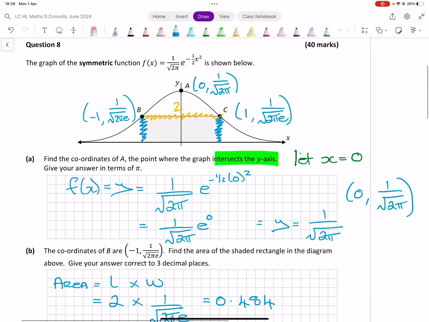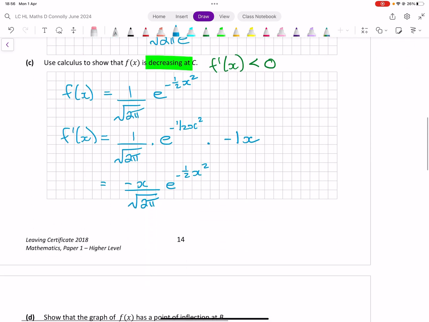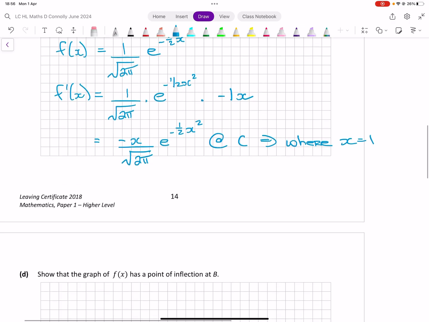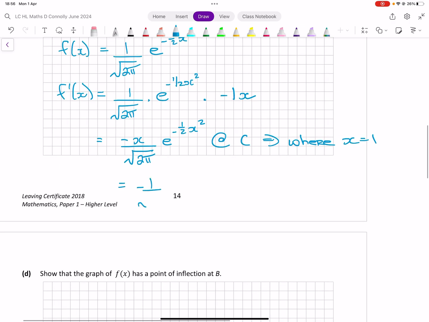And at C, that implies where x equals 1. So that's minus 1 over the square root of 2 pi e to the minus a half times 1 squared.